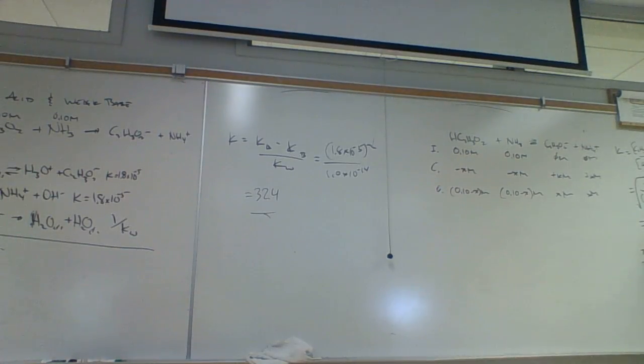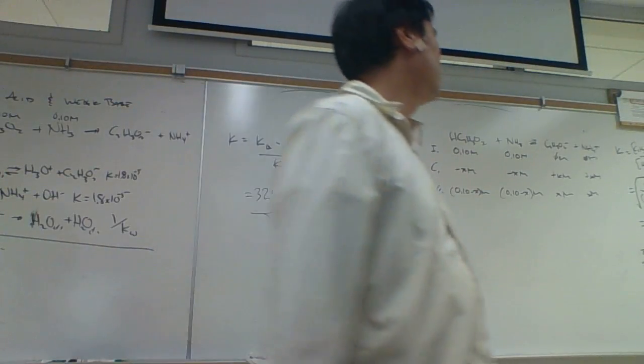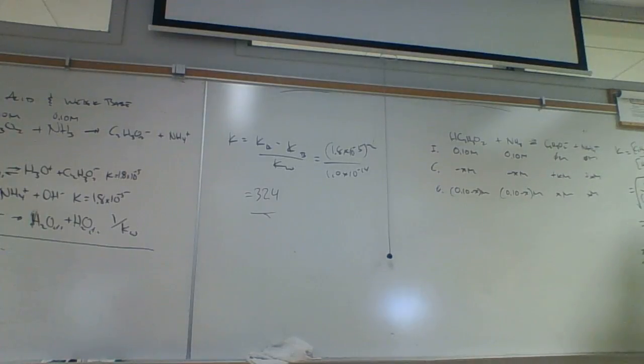X is equal to what is it? The square root of 32.4. Oh, you're right, the square root of 32.4 is not 32.4. The square root of 32.4 is 5.69.